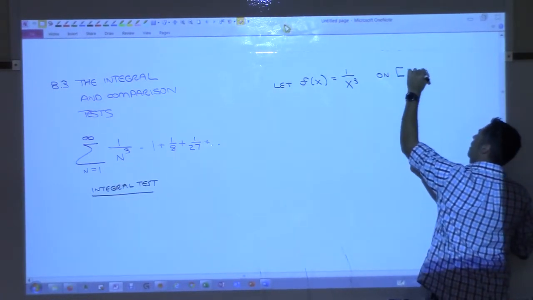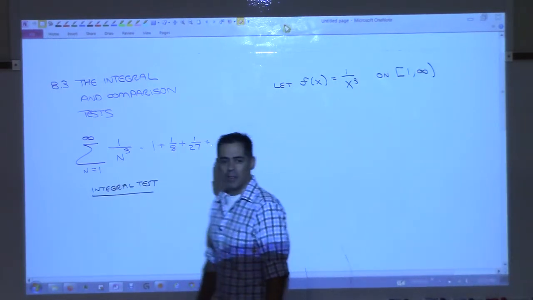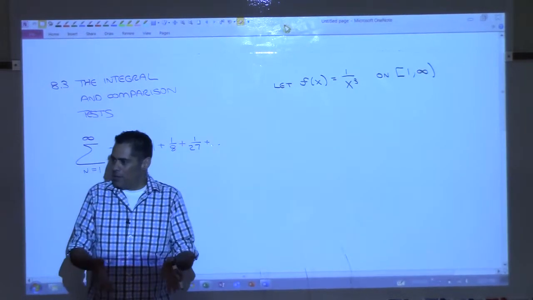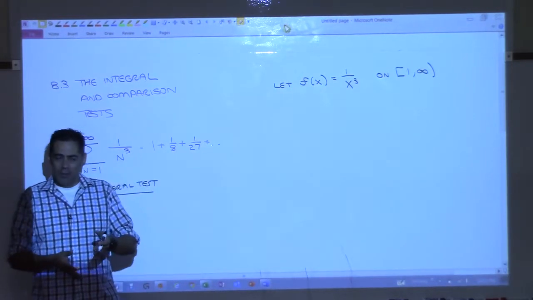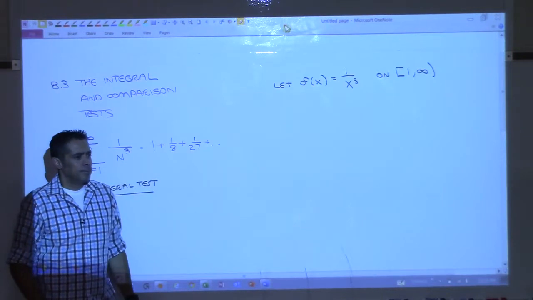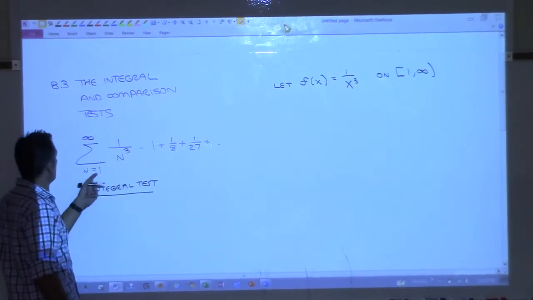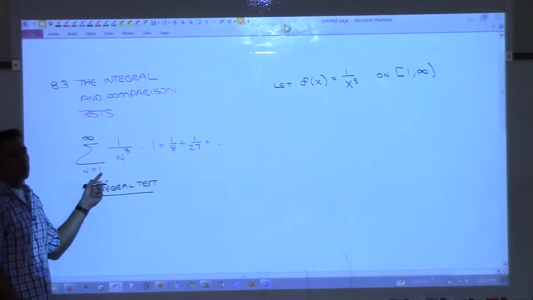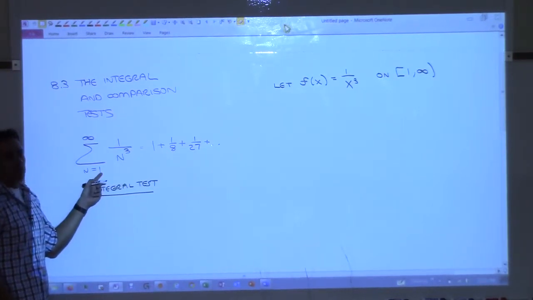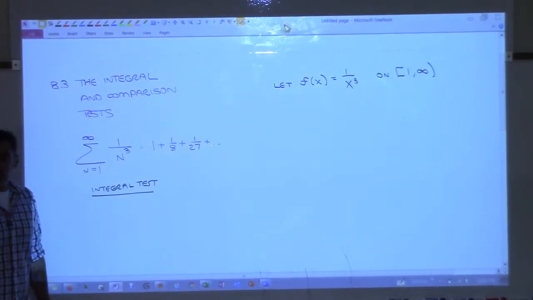Why are we not going to 0? I mean, obviously it wouldn't be defined, but the sequence starts at 1, right? So we're going to start ours at 1. Yes? Earlier you had one that started at 2. If that was the case, do we have... Oh, if this started at 2? Yeah. So does that have to be 2? We would make it 2.